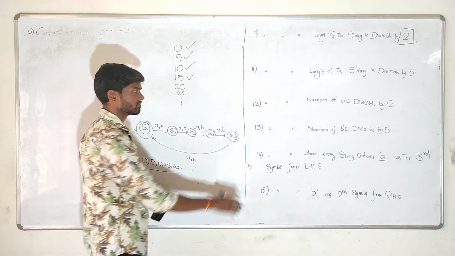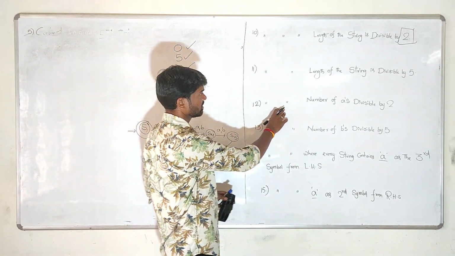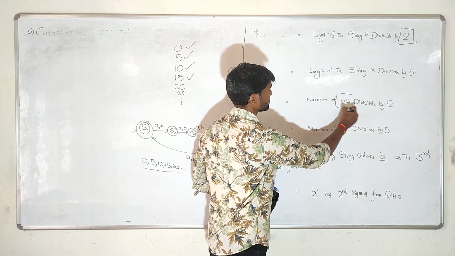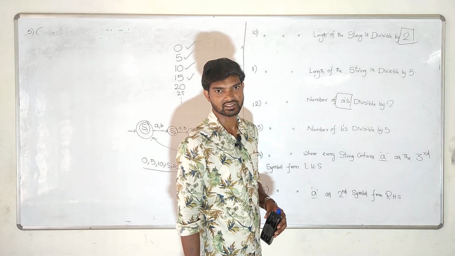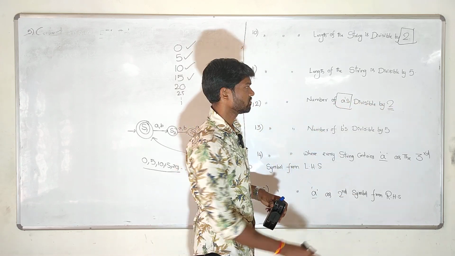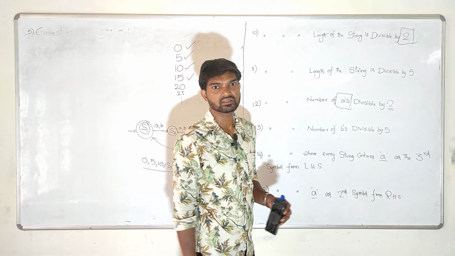Coming to the 12th question, same: construct a minimal DFA that accepts all the strings of A's and B's where the number of A's is divisible by 2. The restriction is on the A's only. We have to restrict the number of A's to always be even numbers.